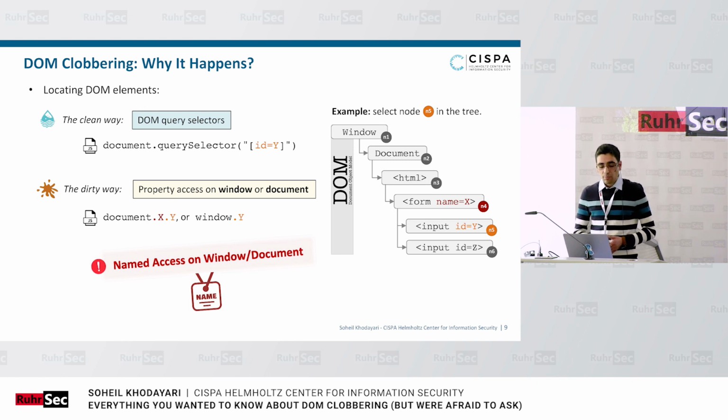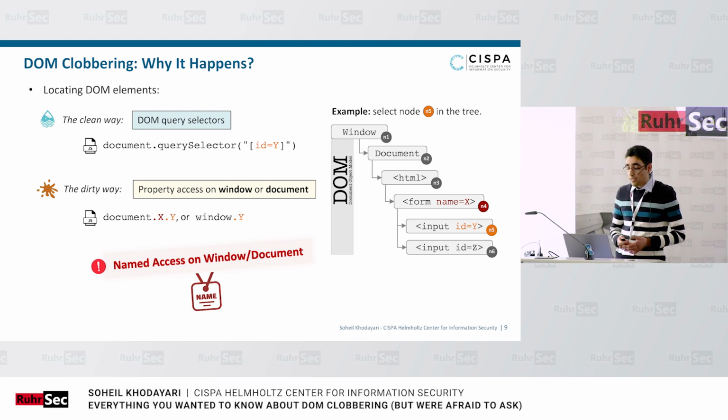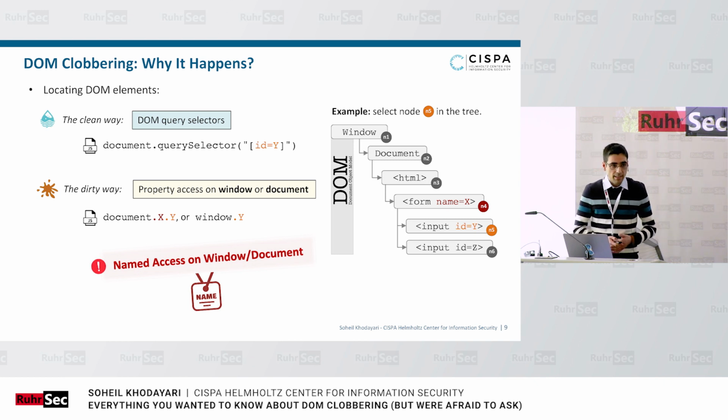So the clean way would be to write document.querySelector with ID equal Y in JavaScript to get this node, versus the dirty way, where the developer can write document.x to first get the form object, and because the form object has a child with ID Y, then document.x.y will return N5, or it can simply write window.y. And this rule is basically known as named access on the window or document object in the HTML specification. And DOM clobbering exploits such rules.